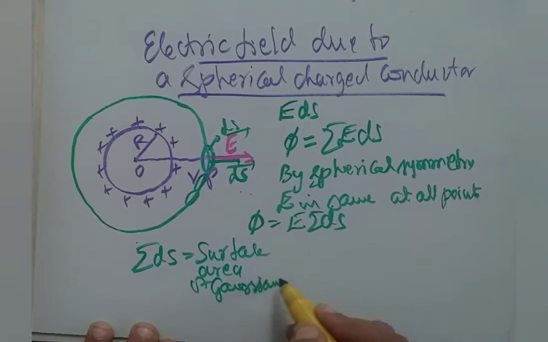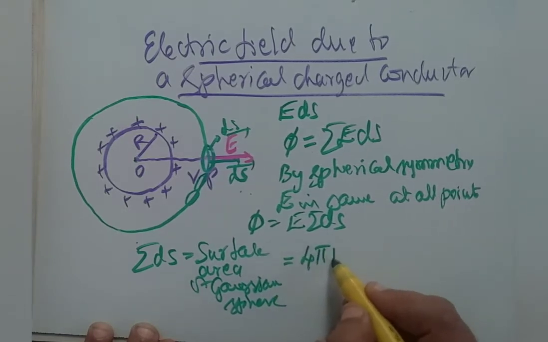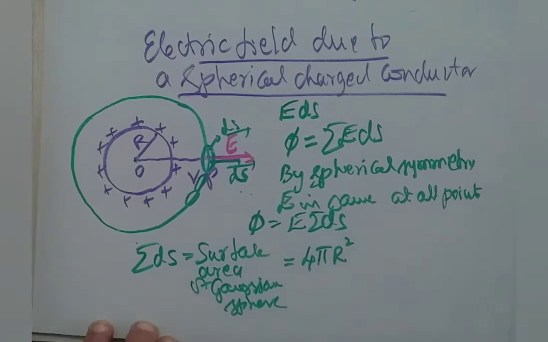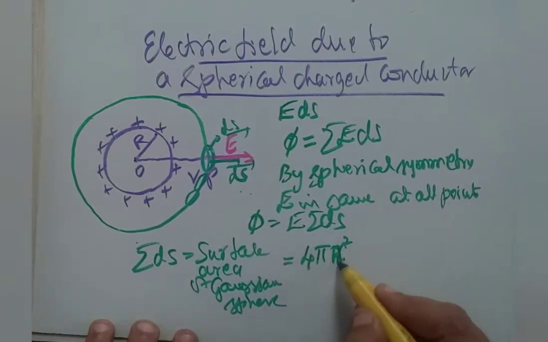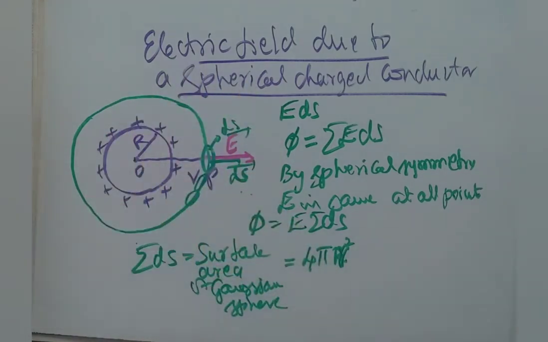That is the imaginary sphere we have imagined, what I have written in green there. The surface area of the sphere is 4 pi r square, with small r being the radius of the Gaussian sphere. So, that is sigma ds.